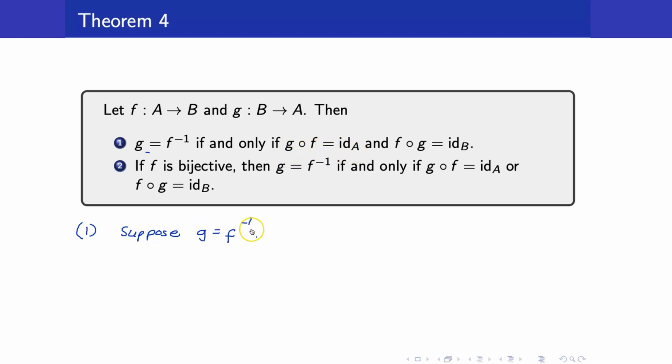If G is equal to F inverse, I will just replace G by F inverse. And G circle F is definitely identity A, and F circle G will now be F circle F inverse, and this is equal to the identity function on B by theorem. What theorem is that?